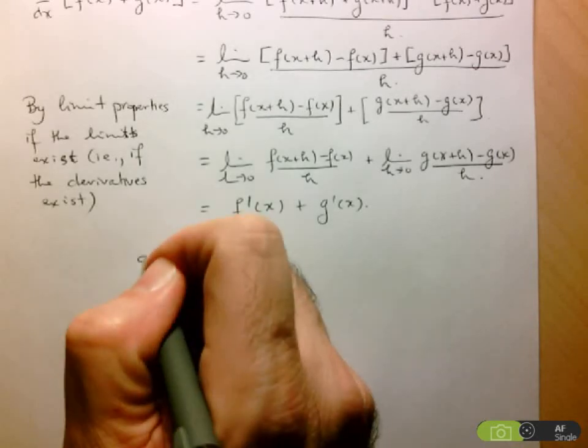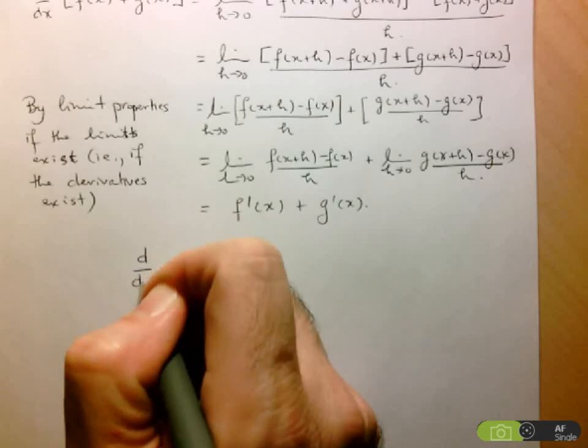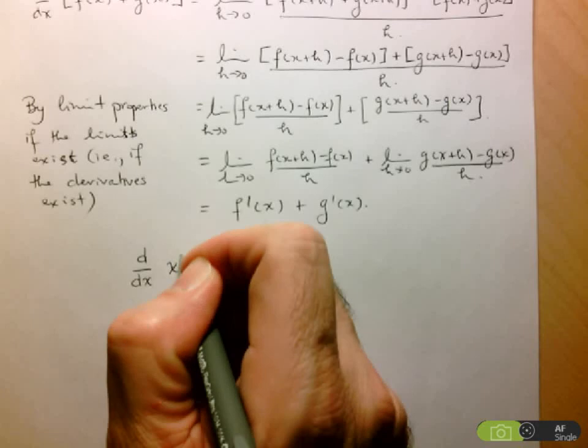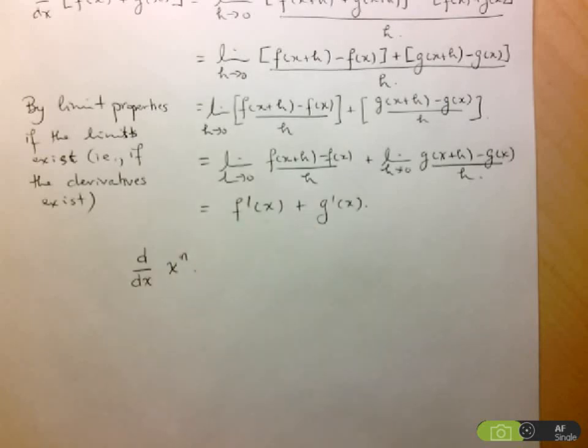We still want to determine whether there is a nice way of finding a formula for any power of x, in particular any positive integer power of x. So far we've done x squared, we've done x cubed, but you can see that x to the fourth, x to the fifth is just going to get more and more complicated.